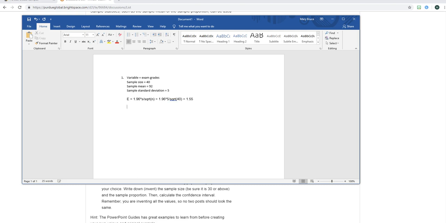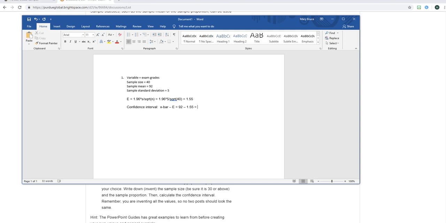And then to get the confidence interval, I've got to do X bar. I've got to get my lower and my upper bound. So to get the lower bound, I've got to do my X bar, which is my sample mean, minus the margin of error. Well, that's just going to be my X bar, or sample mean, of 92, minus the margin of error that I just got.